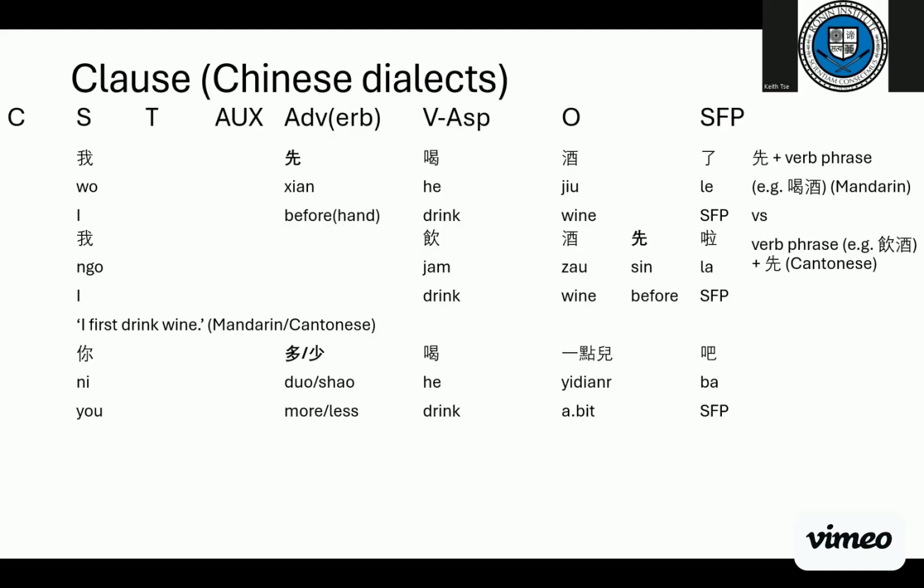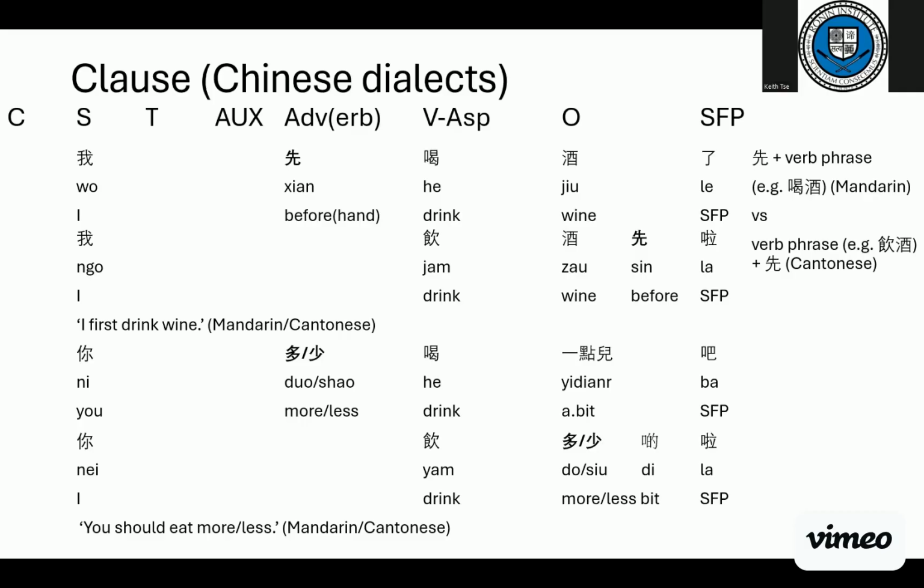With 多 and 少, however, it's a bit different. In Mandarin, we would put 多 and 少 before the verb. So, for example, 你们多喝一点吧, 或者你们少喝一点吧. We put the 多 and 少 before the verb. In Cantonese, however, we will put these just after the verb.